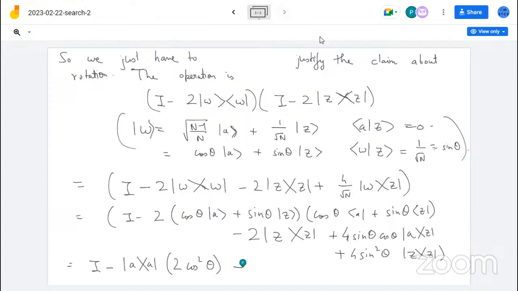What is the AZ plus ZA? AZ is coming from 2 cos theta, and plus ZA is minus 2 sine theta cos theta.